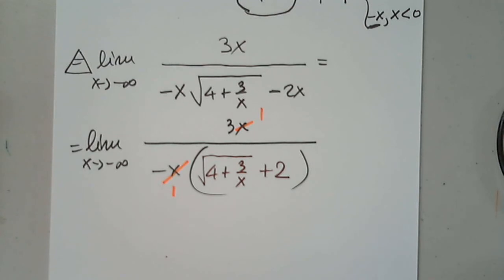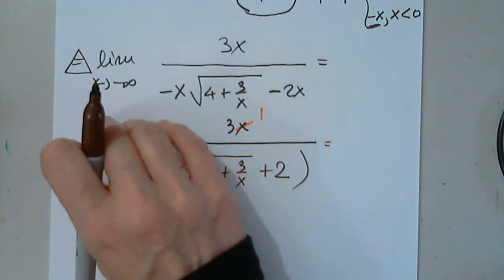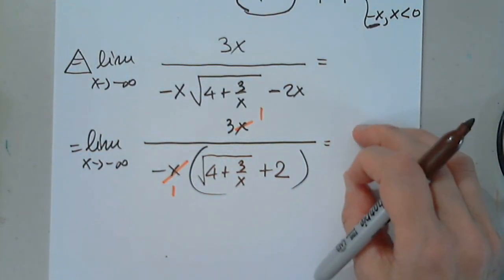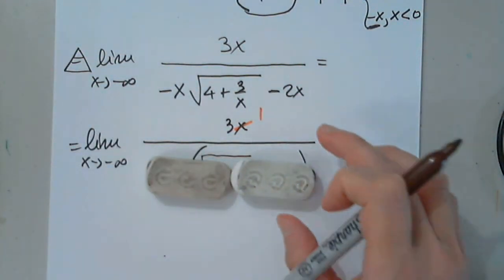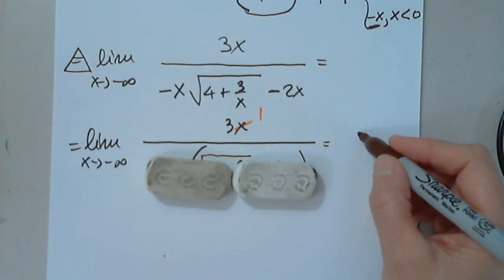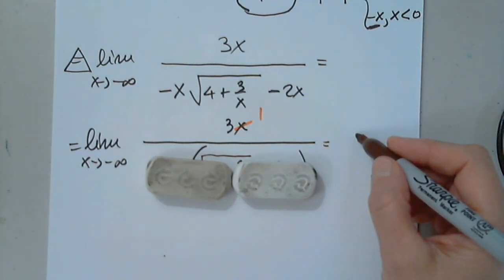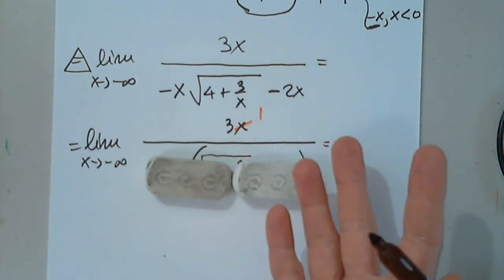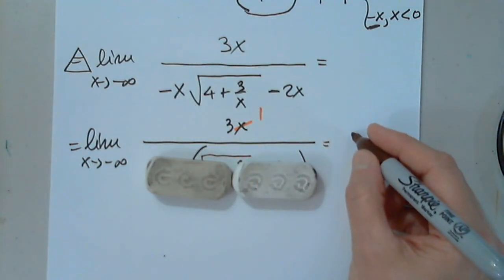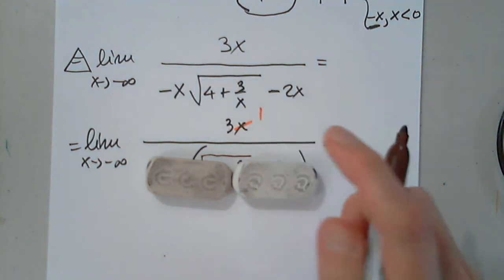Now I apply the limit. Now this limit operator is applied, and I want an answer. So, slowly. Where is the numerator going? Negative infinity. The numerator, 3.